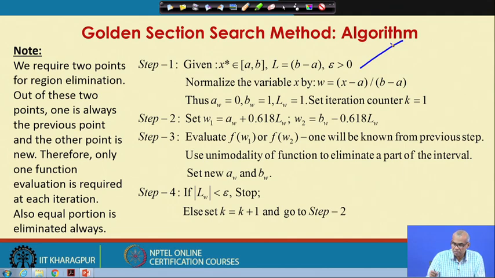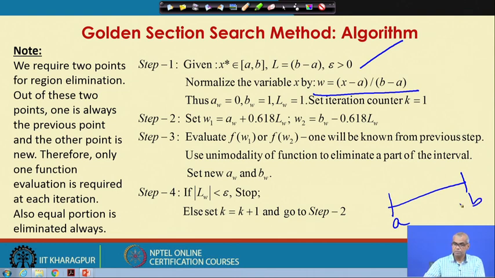This can be done by (x minus a) divided by (b minus a). So, we define a new variable w, which is (x minus a) divided by (b minus a).